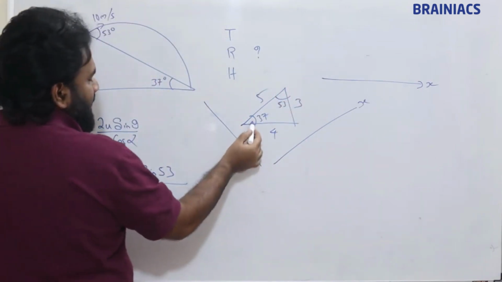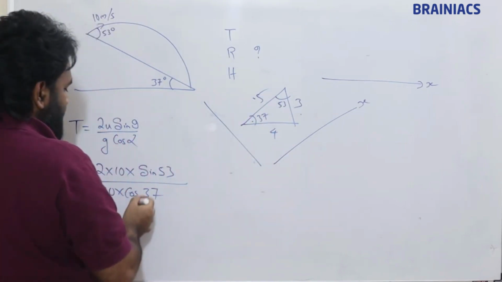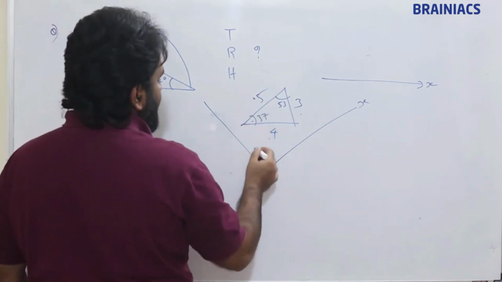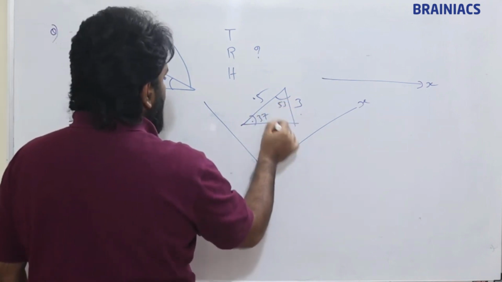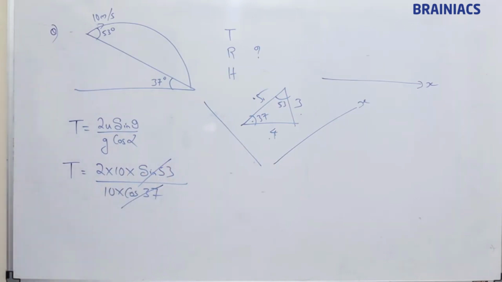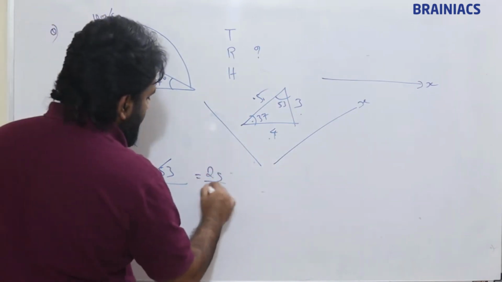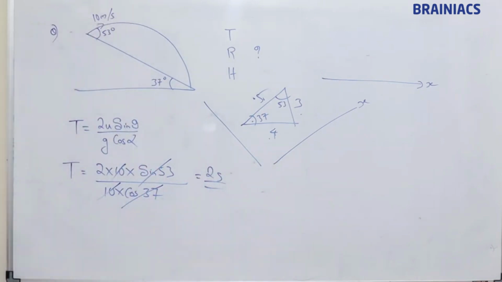So sin 37 is 3 by 5, cos 37 is 4 by 5, sin 53 is also 4 by 5. Cos 37 and sin 53 can be cancelled, and this 10 can be cancelled, and this is going to be 2 seconds. Okay, time of flight is 2 seconds.